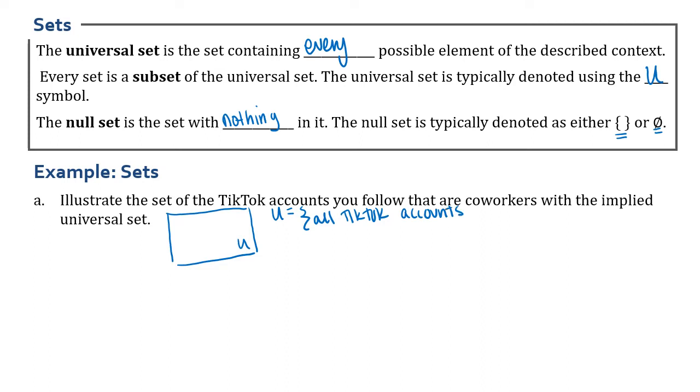So there's our universal set. There's a subset, a small group within all of the people I follow, we'll call C, and let C equal the coworkers I follow.